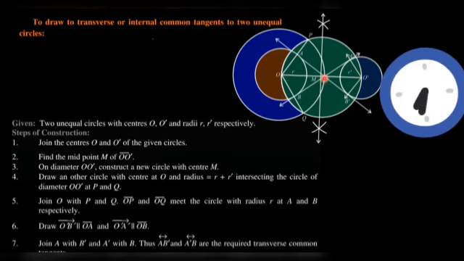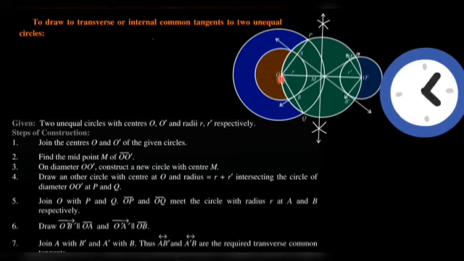This is M. Next we construct a new circle with center M on the diameter OO prime. So touching O and O prime and with center M, I draw a bigger circle like this. Now draw another circle with center at O and radius R plus R prime.